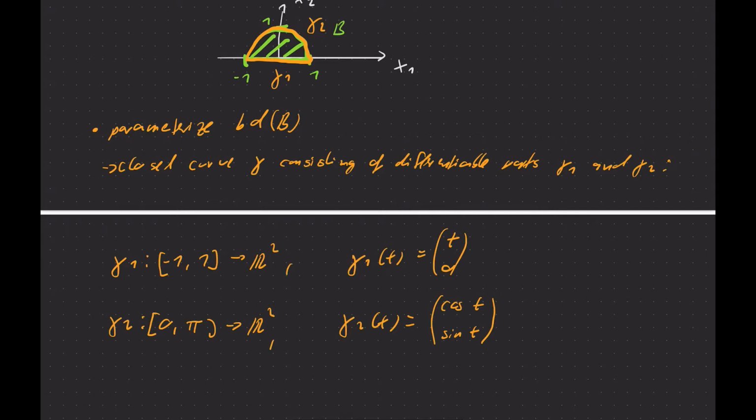Let's make sure we got the direction right. Otherwise we possibly need to reverse it. For the first curve, we start at t equals minus 1 and move towards higher values. So that curve starts here and then moves in this direction.